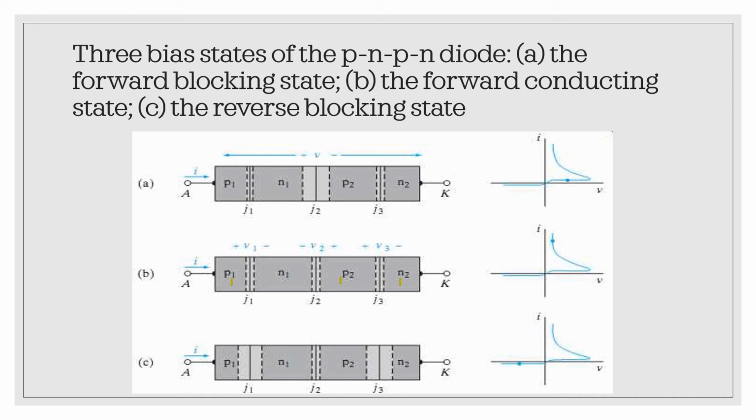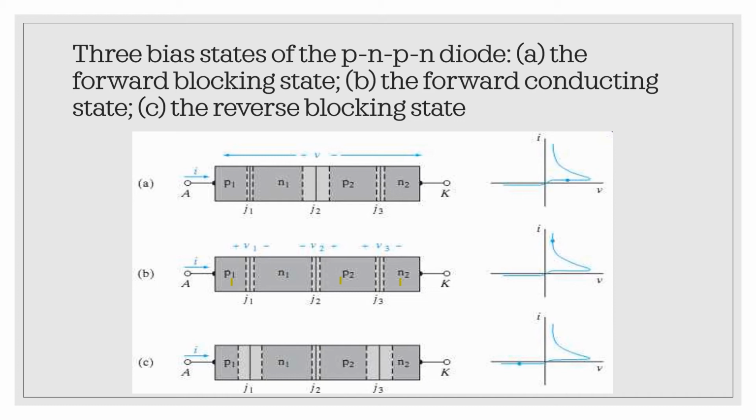So far, we have discussed in a previous lecture the forward blocking state, when two junctions are forward biased and one is reverse biased, and today the forward conducting state, when all three junctions are forward biased. But we have not indicated how switching is initiated from one state to the other.